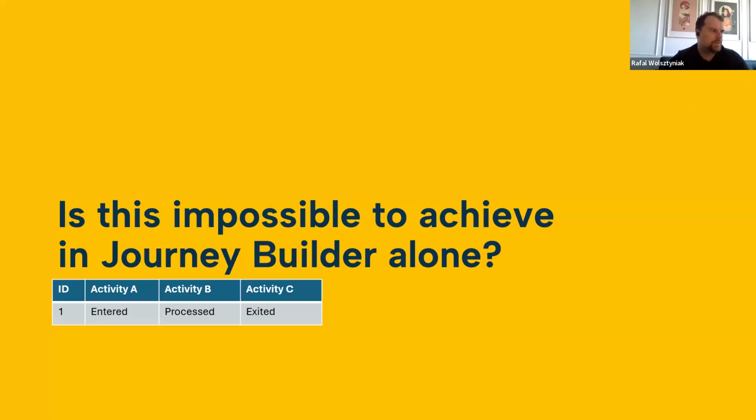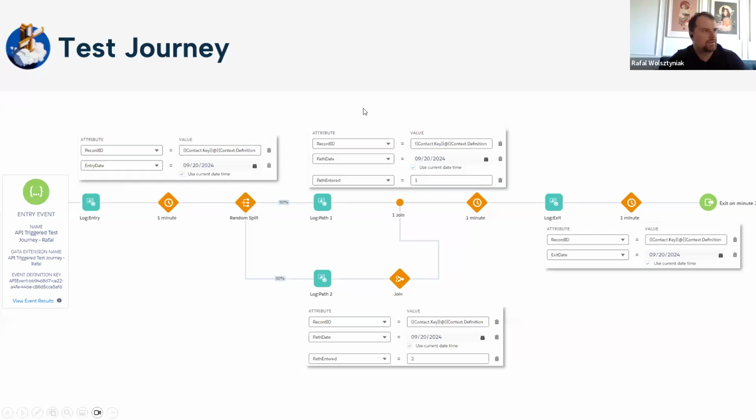So when we have this structure, it means this as an ID, and this is an example of 1, but in our case, it would be the contact key with the @, and then the random string representing the individual journey run. So utilizing this, when we have the same record ID populated in all 4 activities, it should give us the one record populated by multiple update contact blocks.